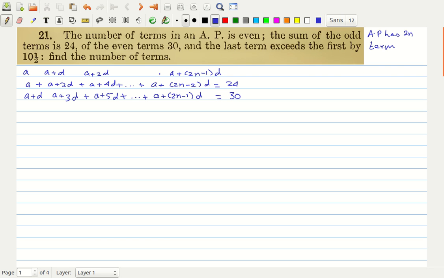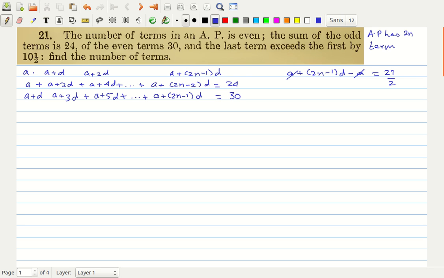We are also given that the last term exceeds the first term by 10.5. So we are given that A plus (2n minus 1)D minus A is equal to 10.5, which is 21 by 2. So we can see that A cancels minus A, so (2n minus 1) times D is equal to 21 by 2, right?